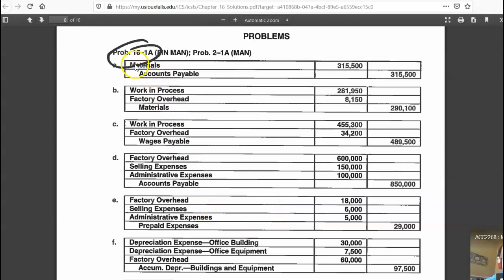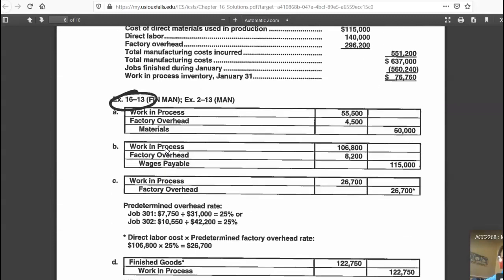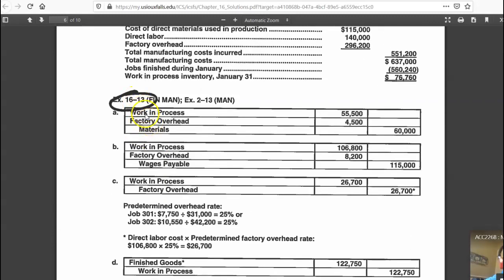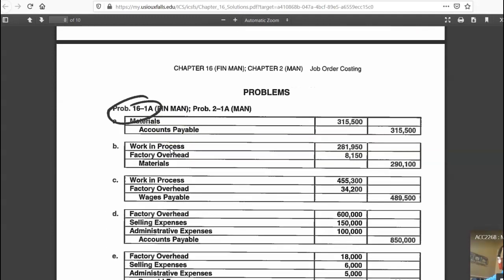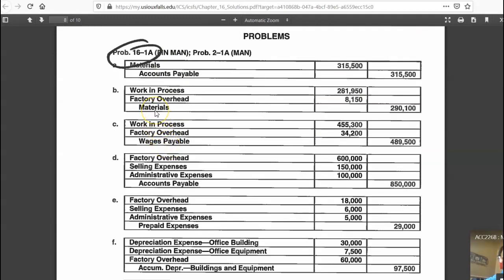Here we go. We're just purchasing materials, right? Purchasing direct materials. Look at these three right here, A, B, and C. That's B, that's C. Materials coming out of materials, and we're putting some to the job, some into overhead.